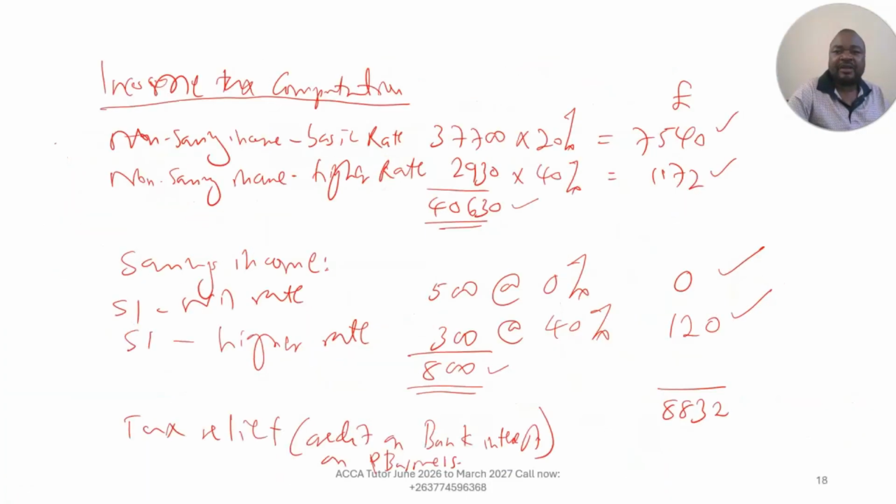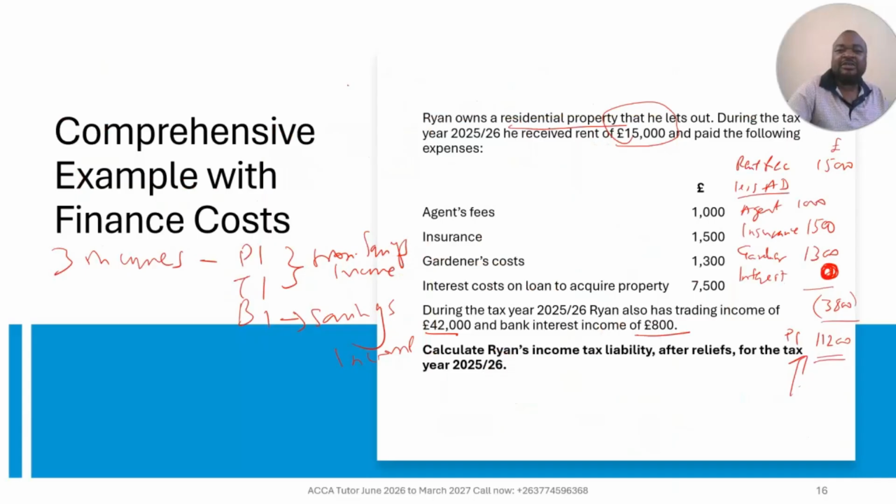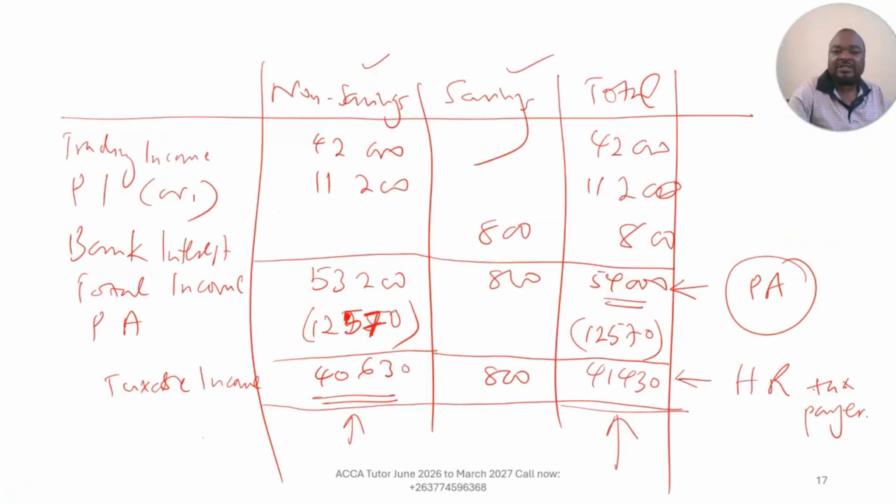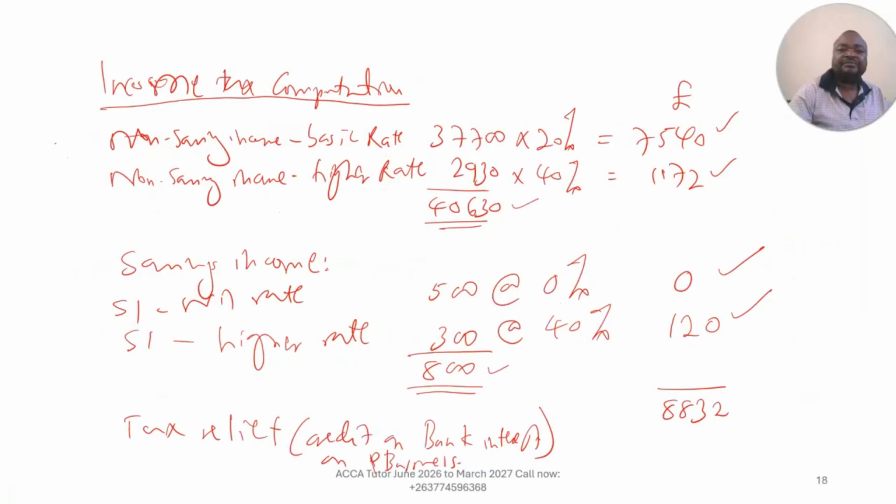So how much interest did he pay? He paid 7,500 bank interest on the loan to acquire the property. So that is going to be 7,500 multiplied by 20%, which is 1,500.